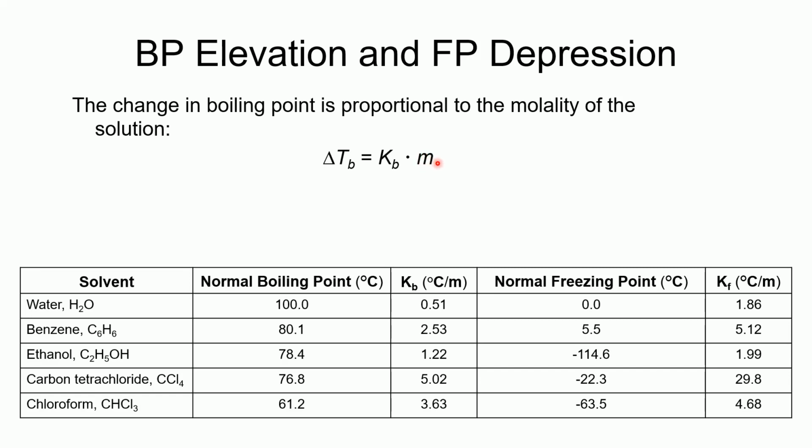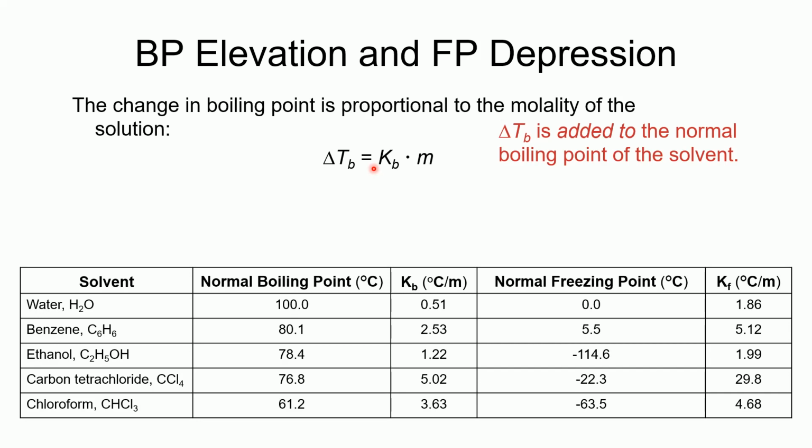Again, it doesn't really matter what that solute is. All that matters is the concentration of the particles. So Kb times the molality will give us delta Tb. That delta Tb we're going to add to the normal boiling point of our solvent. So once we calculate delta Tb, we want to add that to our normal boiling point.